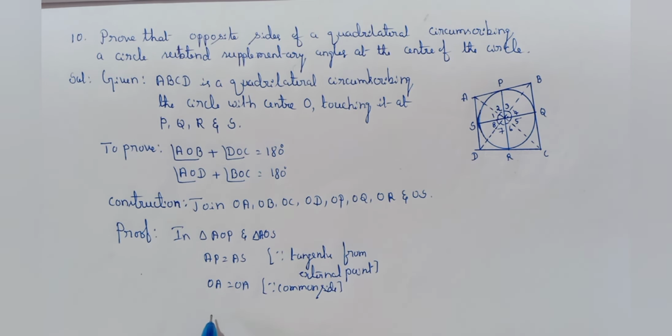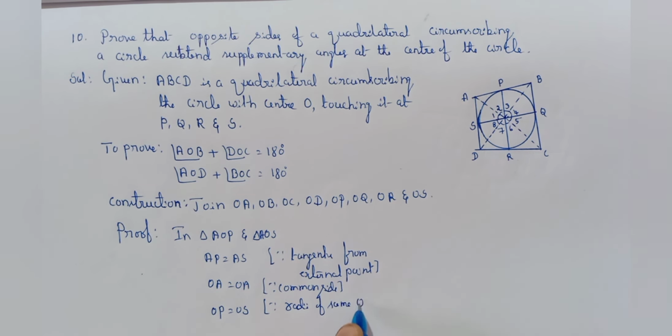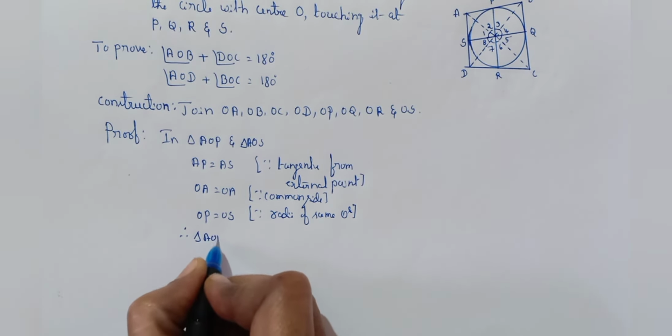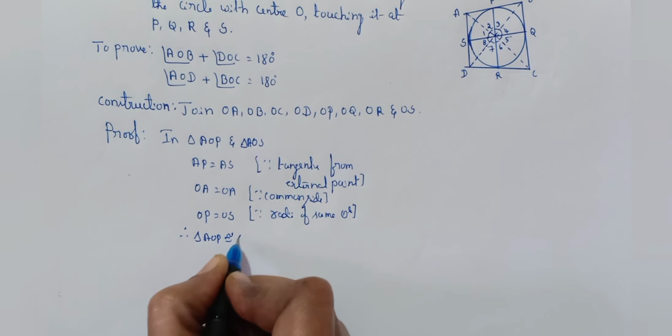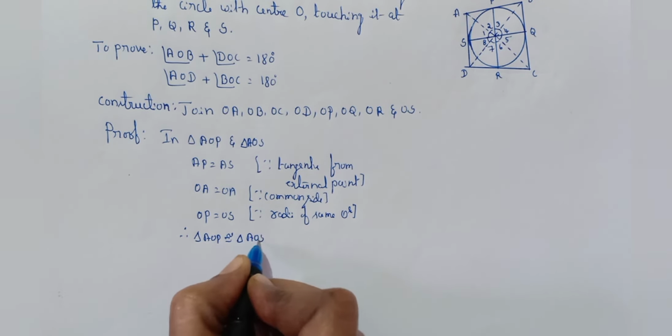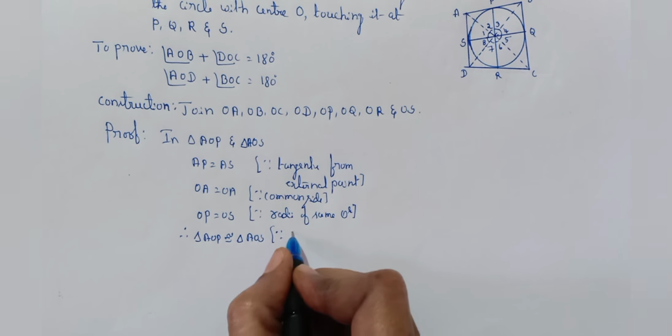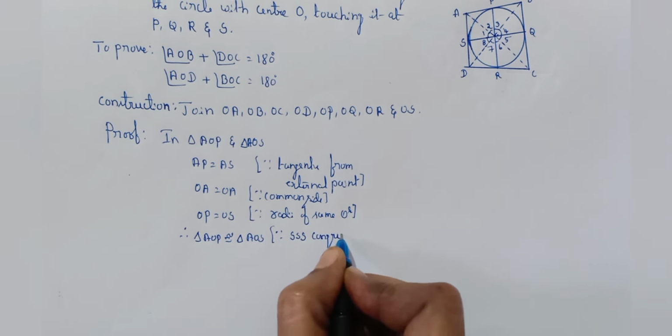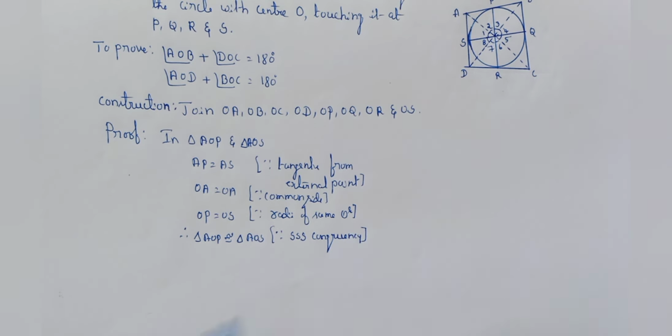OP is equal to OS, radii of the same circle. So, the triangle AOP is congruent to triangle AOS because of SSS congruency.